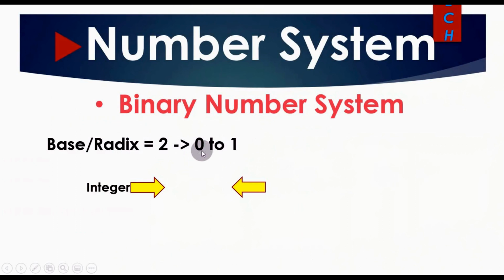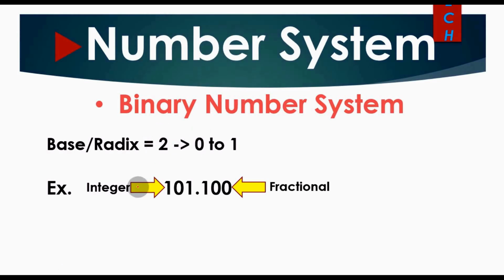Since we know that if the radix of any number system is r, it can be represented from 0 to r minus 1. Since here the radix of the binary number system is 2, it can be represented from 0 to 1, right?